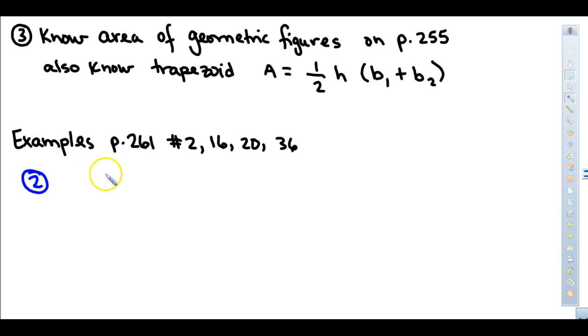In your book, it says use the summation capabilities on your graphics calculator. You do have the summation on your calculator. If you go to Math, and then you scroll down to 0, then you will see what says summation.